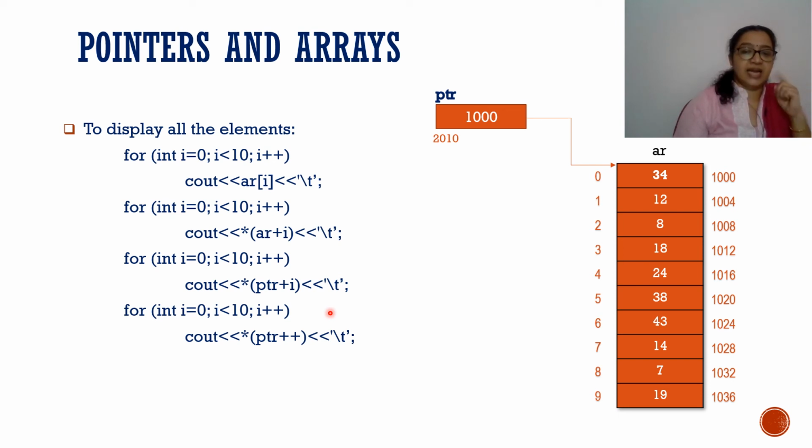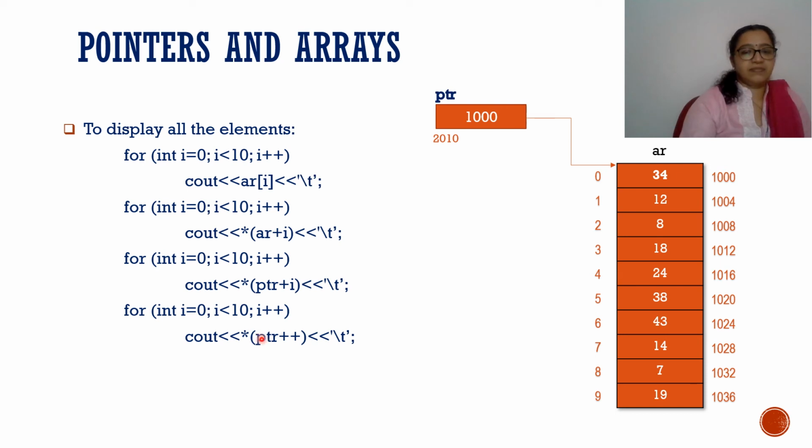Arithmetic operation on PTR. So PTR++ means next location only. PTR is moving to the next location. It's an array, so contiguous locations only. So the PTR can point to the next location. So the value of PTR is now 1004, and we'll get the 1004th value because star is there.